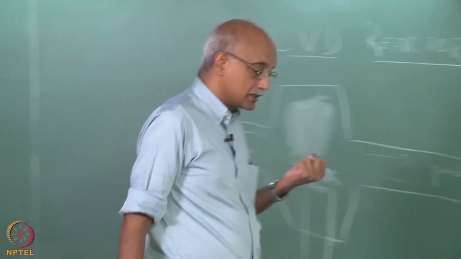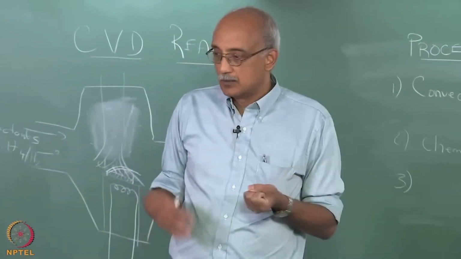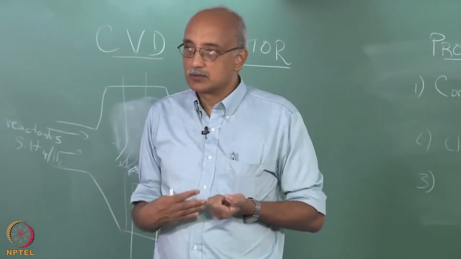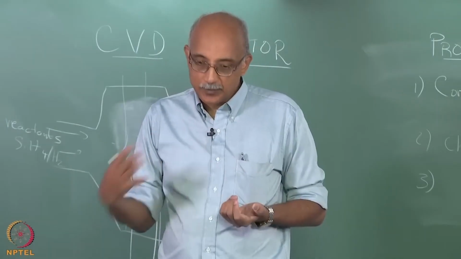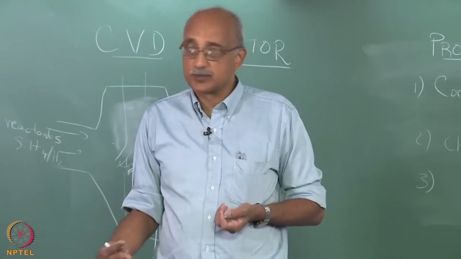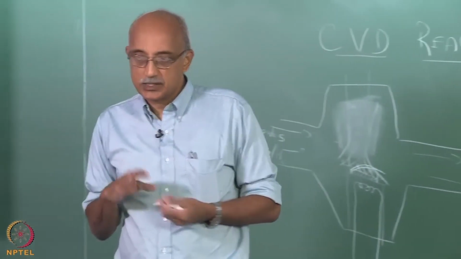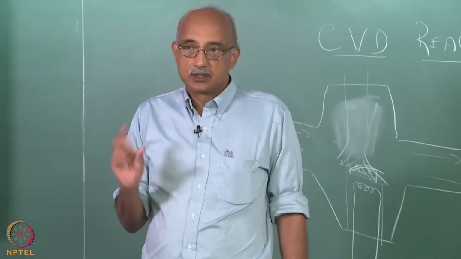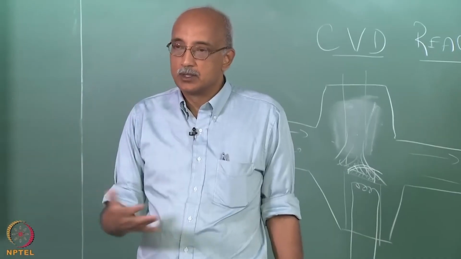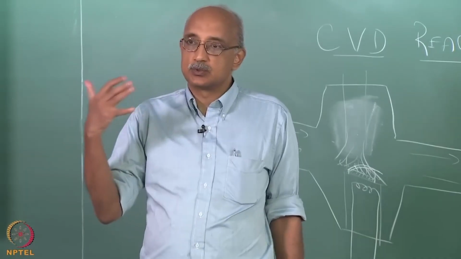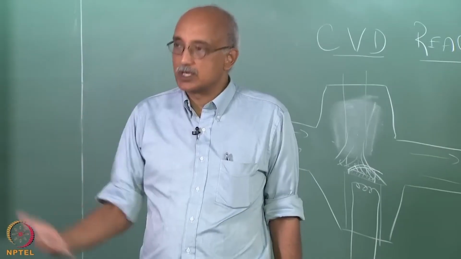So, in some cases it happens simply by molecular adsorption or molecular attachment. In some cases physical adsorption happens, in some cases chemisorption happens, and obviously the bonding force increases as you go from simple van der Waals forces of adhesion to adsorption to chemisorption.